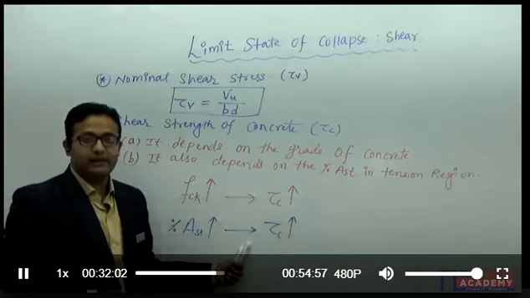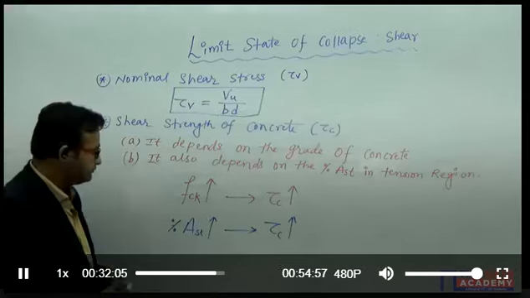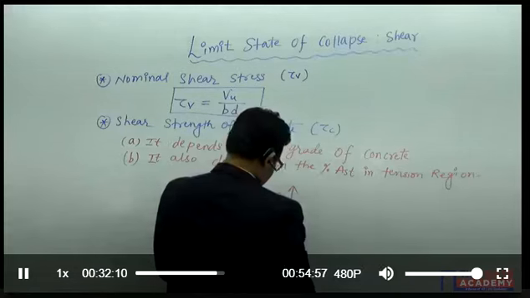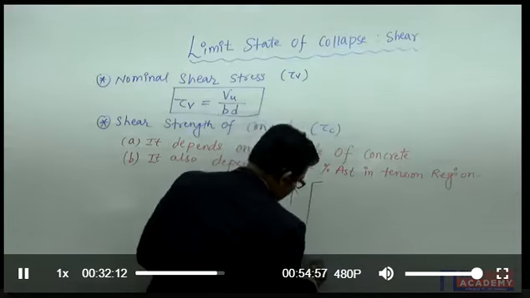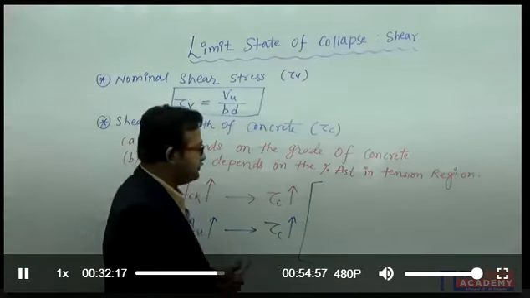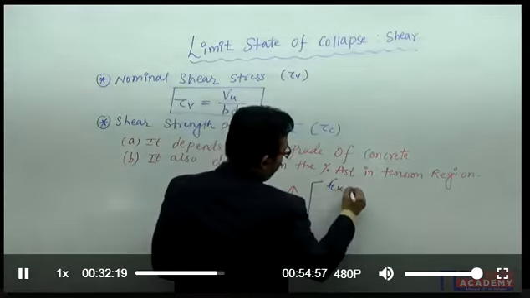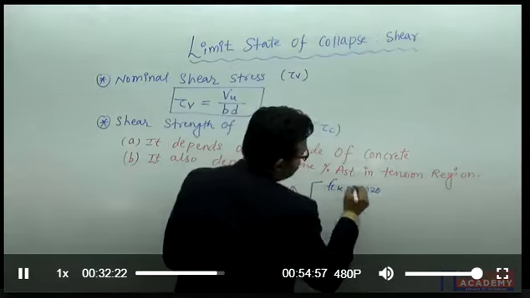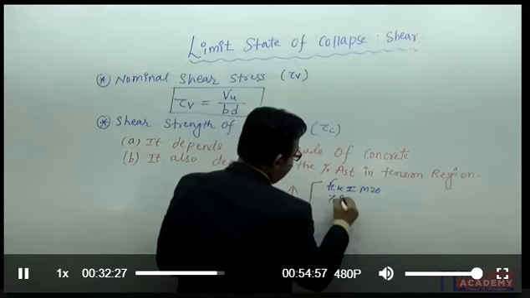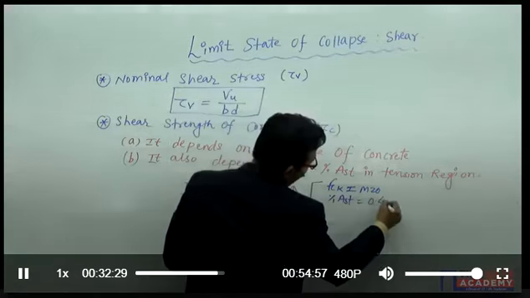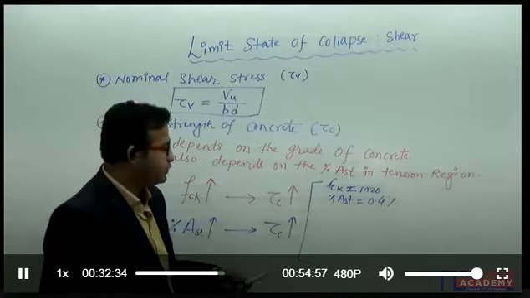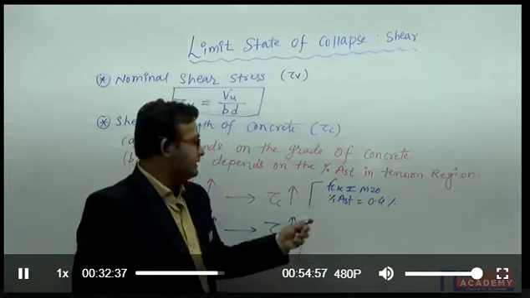The table is given, table number 19. If we know the grade of the concrete we have used, suppose we have used fck equal to M20, and the percentage AST equal to say 0.4% or 1% or 1.2%, anything, we can use these two values in the table.